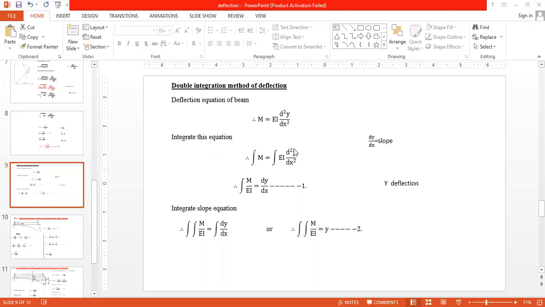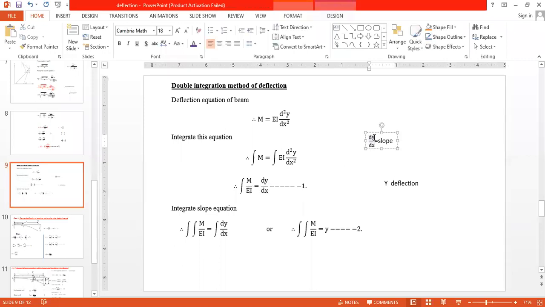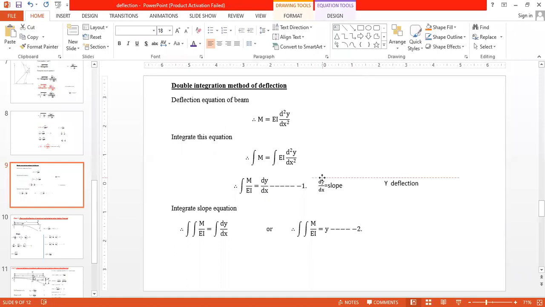Integration of d2y by dx square is dy by dx, and that is the slope at any location. This is the slope equation. That means the slope at any location is the integration of bending moment divided by EI.